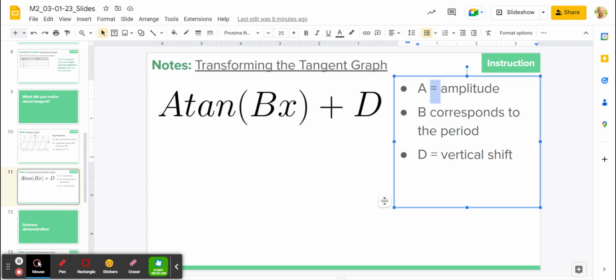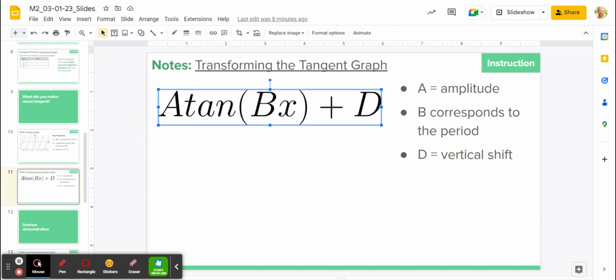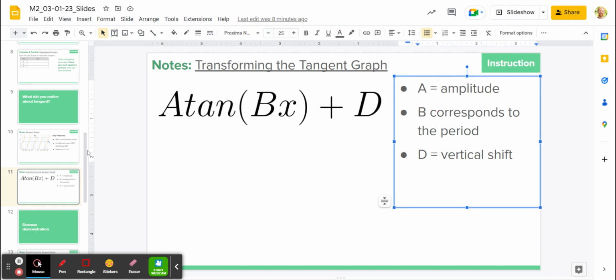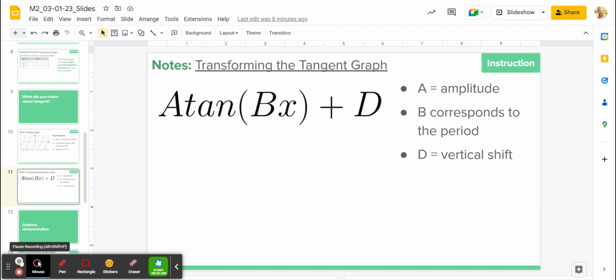This a is going to be our amplitude, this b corresponds to the period, and d is going to be our vertical shift. So make sure you get this formula written down in your left box. We also have these definitions written down for you already in your notes. Keep in mind, this is on the back side of our sheet.